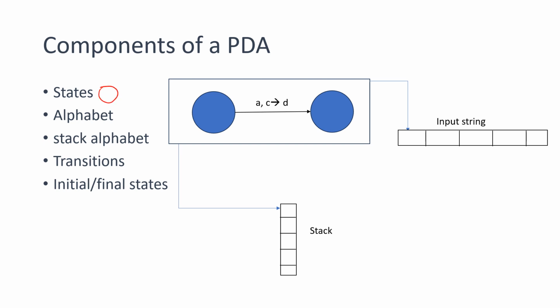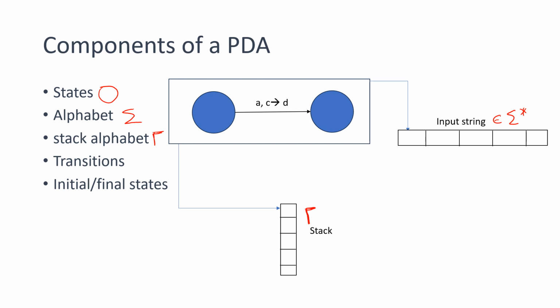Next, we have the alphabet, which is what comes from the input string. So this is sigma. And so this input string is some sequence of letters in sigma. The next thing we have is the stack alphabet, which is gamma. That's what gets pushed and popped onto this stack here.